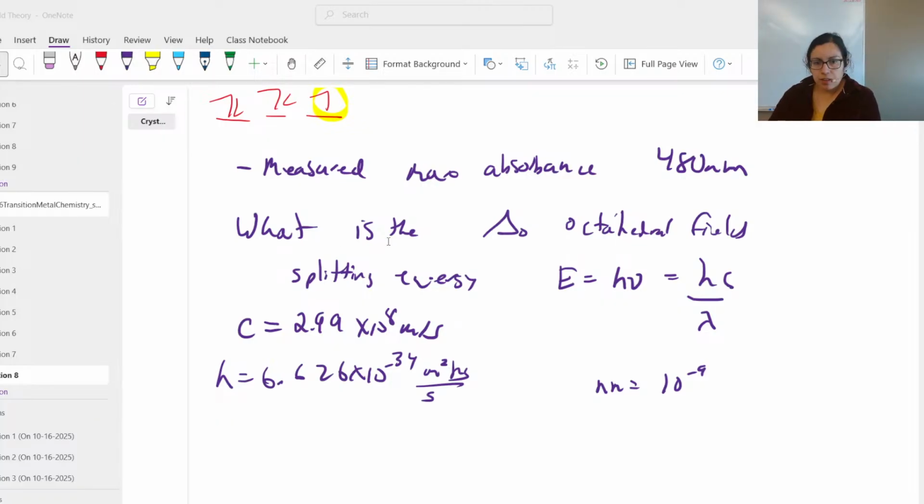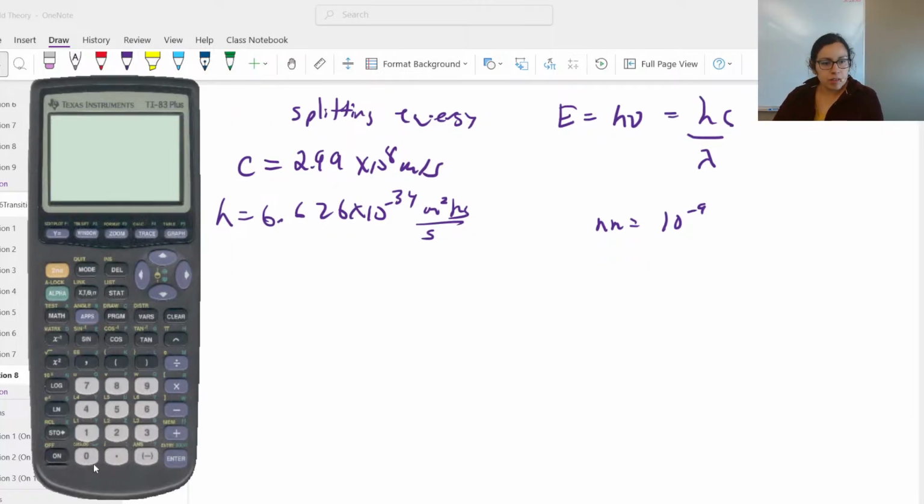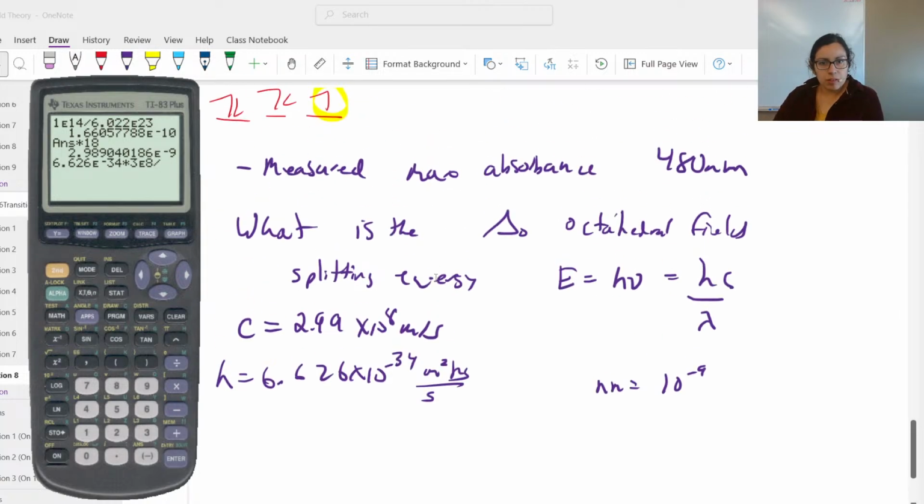So I see chat has an answer, so we can plug it in. And I'll do a lazy conversion as well. So 480 times 10 to the negative 9.